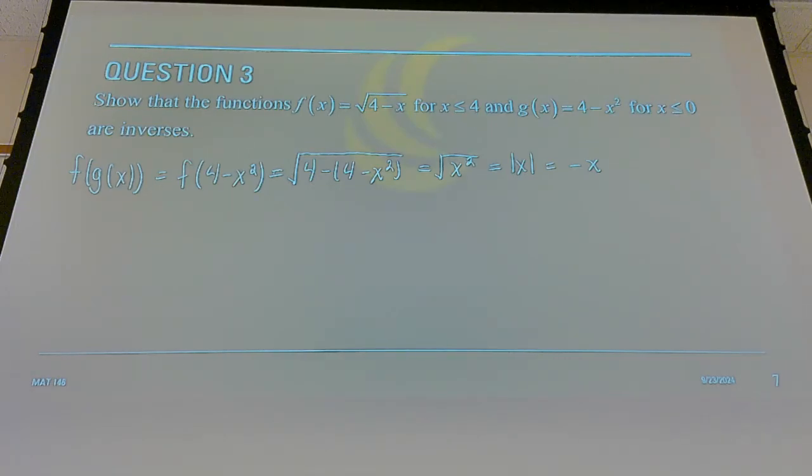Is negative x equal to x? There's only one time where that is true, and that's if x equals 0. But it's not true everywhere else. Which means f and g are not inverses.